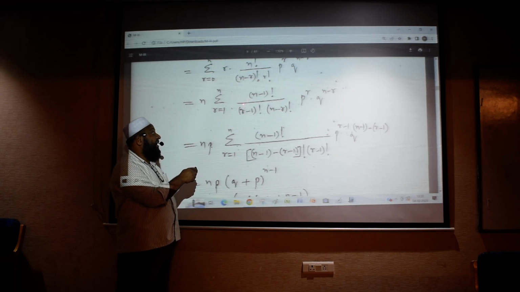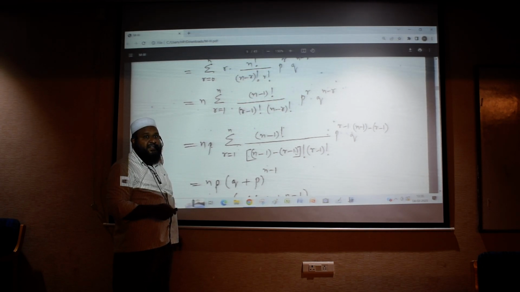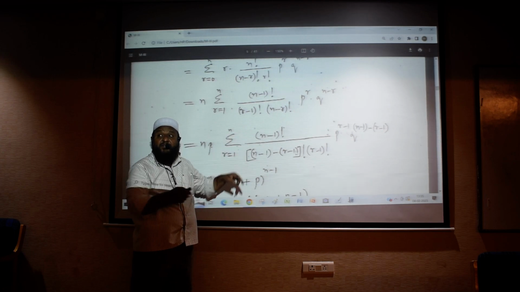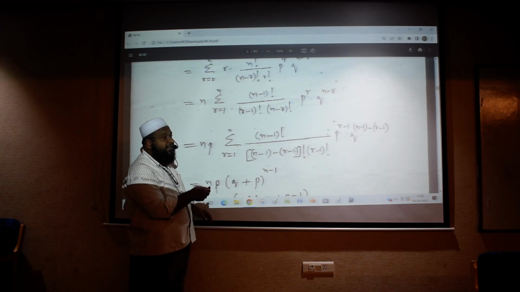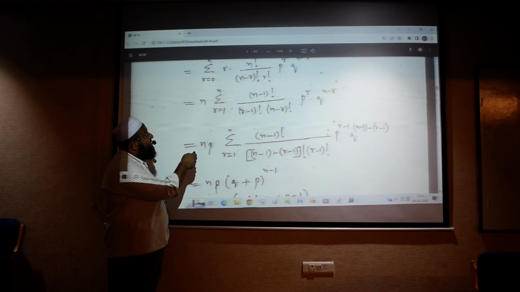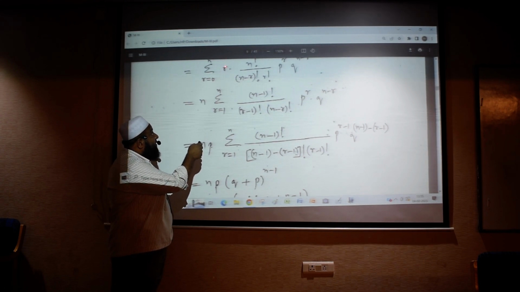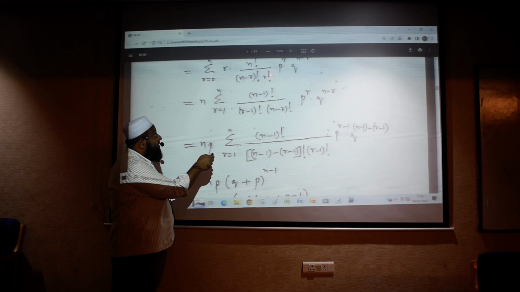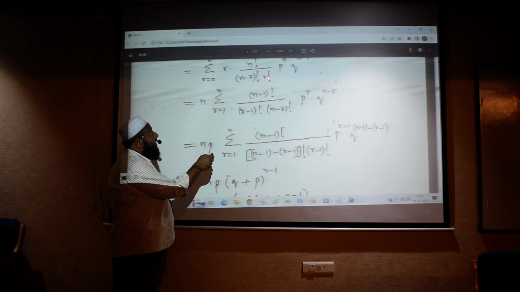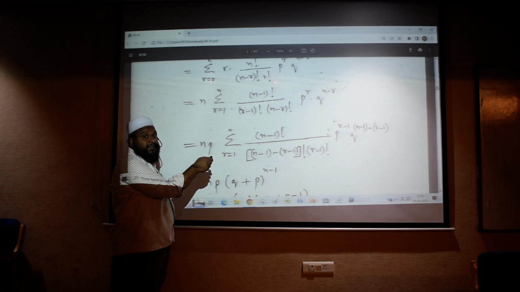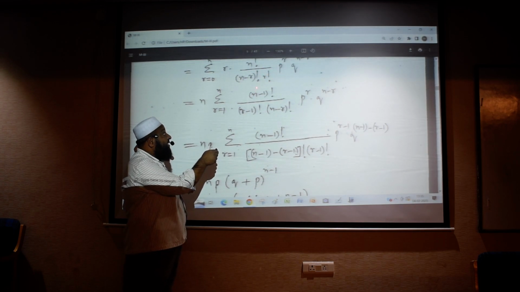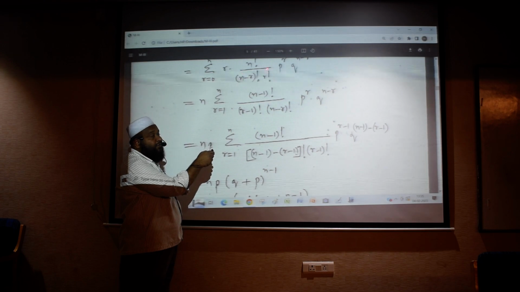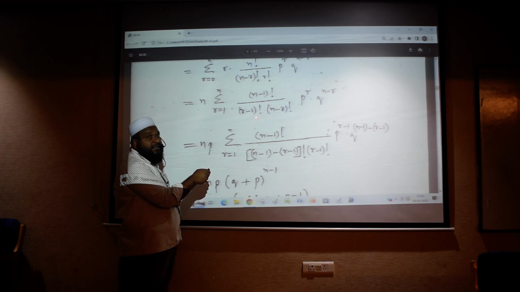Right? So r and this r gets cancelled. From where this r minus 1 has come? Very simple now. This r factorial is r into r minus 1 factorial, that is in the denominator. So this r in the denominator cancels here. So we will be left over with r minus 1 factorial. That is what I have written here.